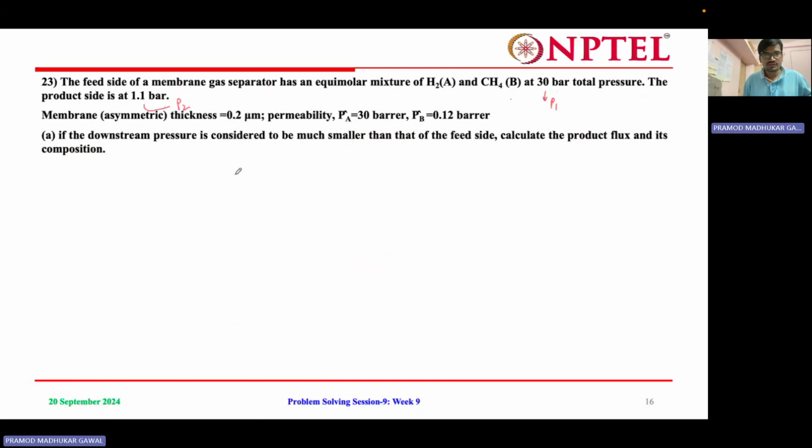Here is the equimolar mixture, meaning XA and XB equal 0.5, and the thickness given is 0.2 micrometers, so convert into centimeters: 2 times 10 to the power minus 5 centimeters. Here, if the downstream pressure is considered to be much smaller than that of the feed side, calculate the product flux. So here is the assumption: P2 is less than P1.